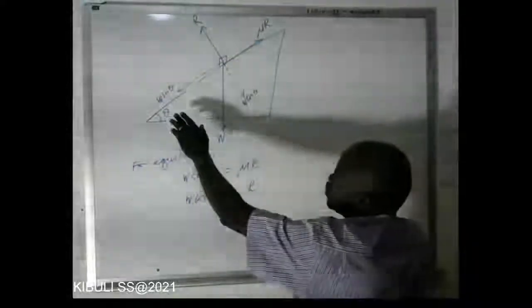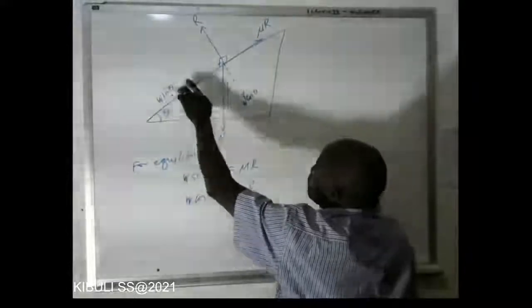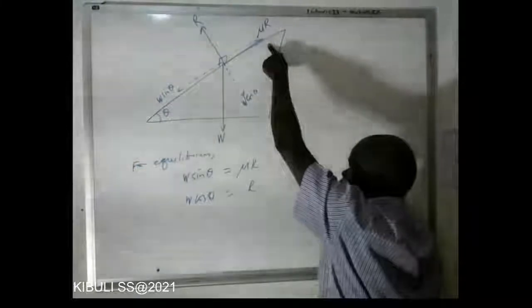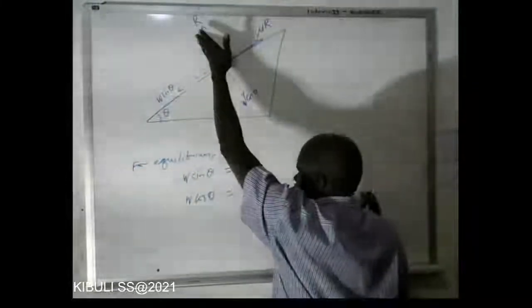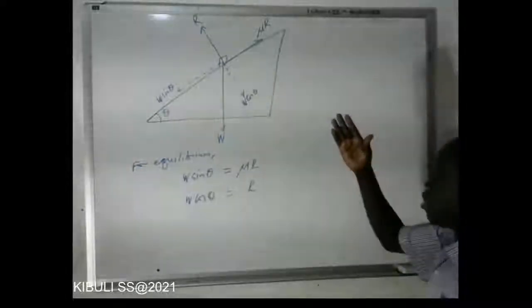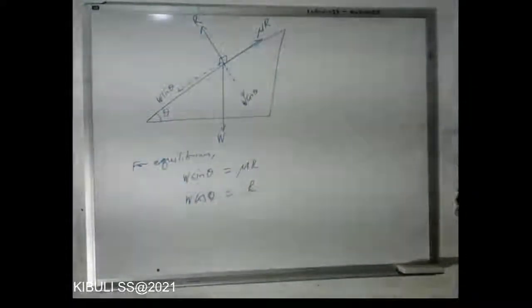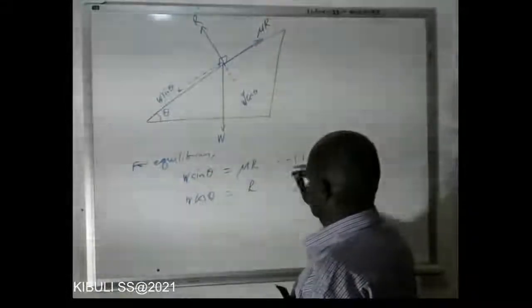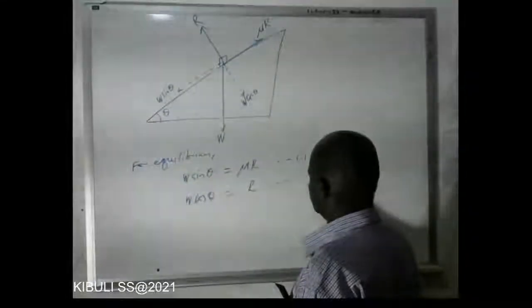The component of the weight of the body down the plane must be equal to the maximum frictional force. And then the normal reaction must be equal to the component of the weight of the body perpendicular to the plane. So we call this equation 1, and we call this equation 2.